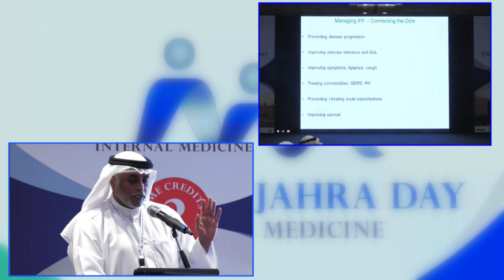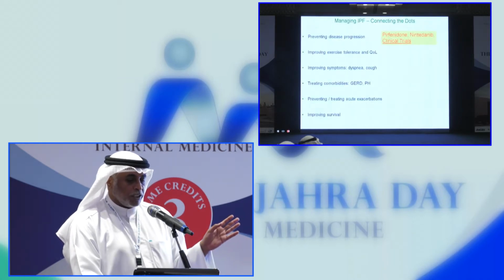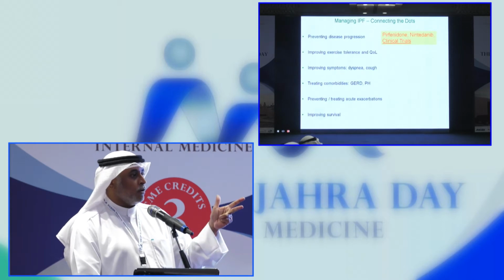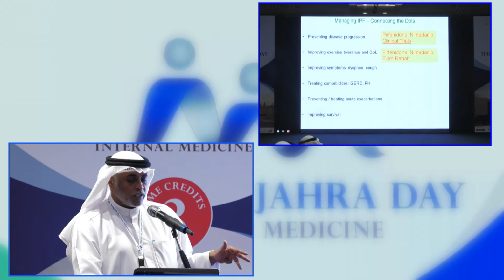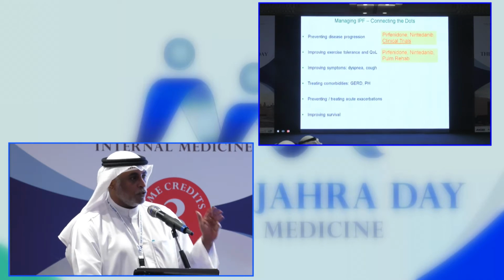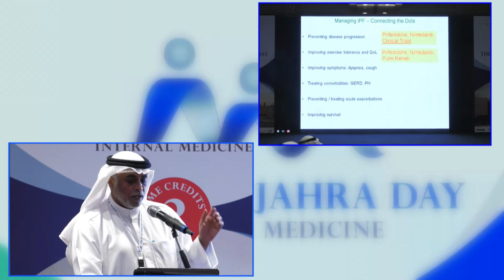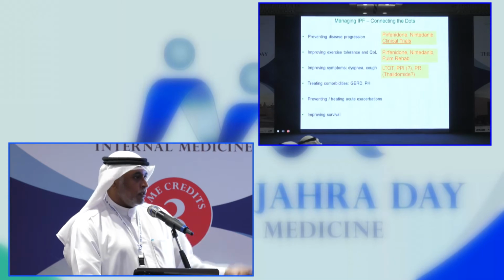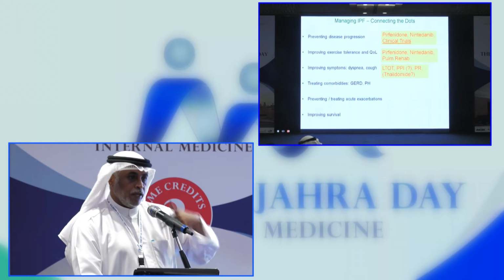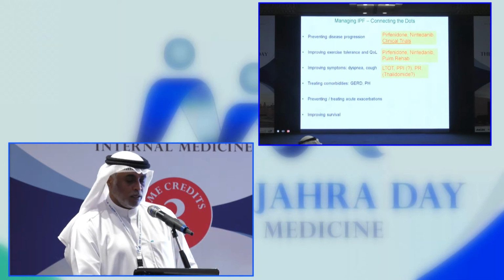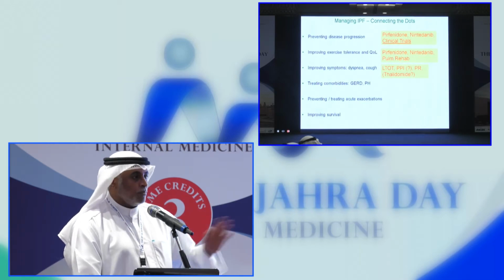So let's connect the dots. To prevent disease progression: pirfenidone, nintedanib, and enrollment in clinical trials. That's the rule right now. To improve exercise tolerance and quality of life: pirfenidone, pulmonary rehab, and nintedanib. To improve symptoms: oxygen, PPI for the cough if they have reflux, and thalidomide.